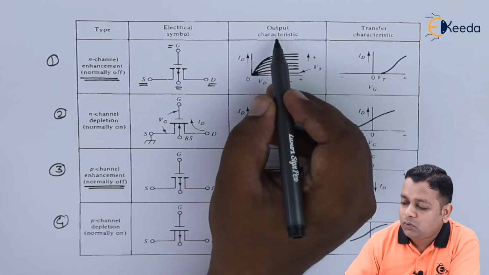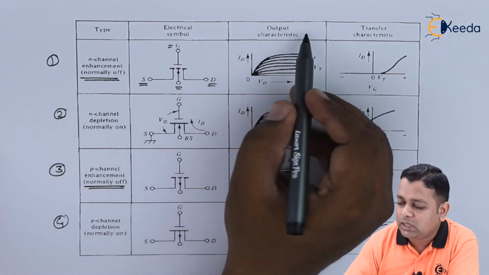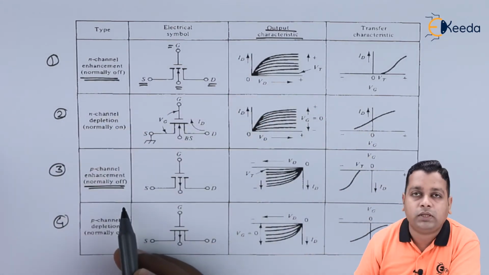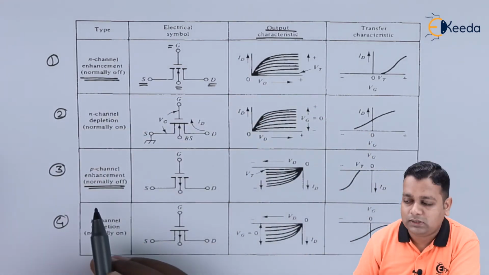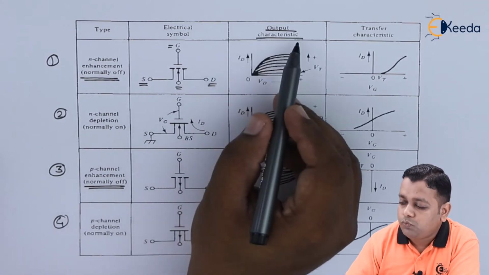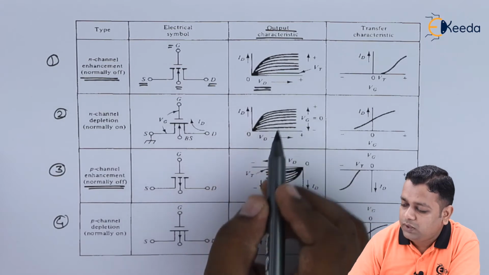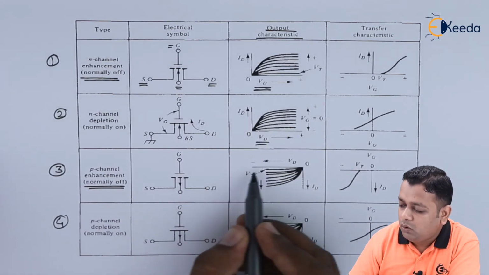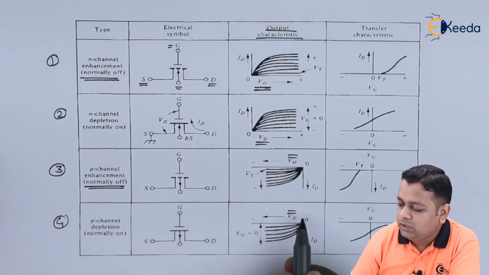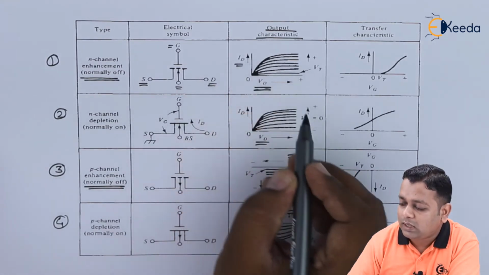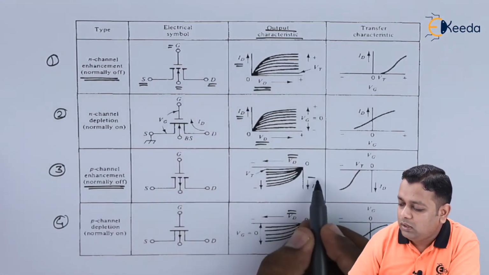Now this column, the third one, gives us the output characteristics associated with the four types of metal oxide field effect transistors. The output characteristics are with respect to the drain voltage Vd marked on the horizontal axis of each of these plots, whereas on the vertical axis we have plotted the drain current.